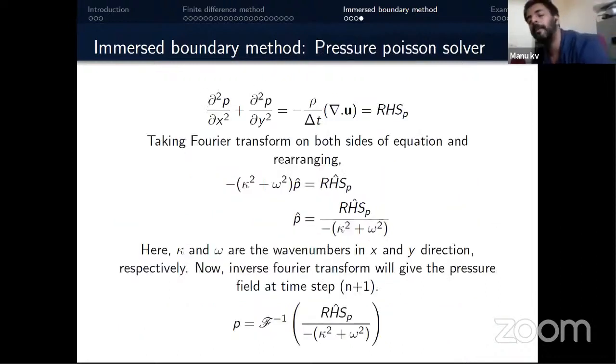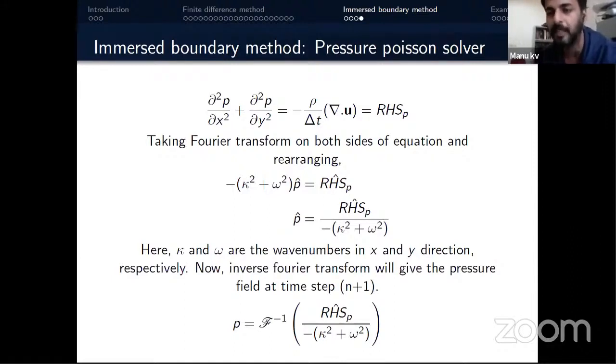And there are better ways to solve the Poisson equations. Okay, so we can easily solve Poisson equation using a finite difference method, or if you want a more accurate method, there are schemes like FFT based solver, which I'm not going into in detail.